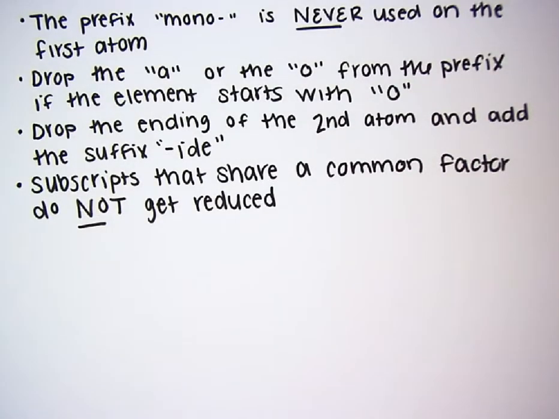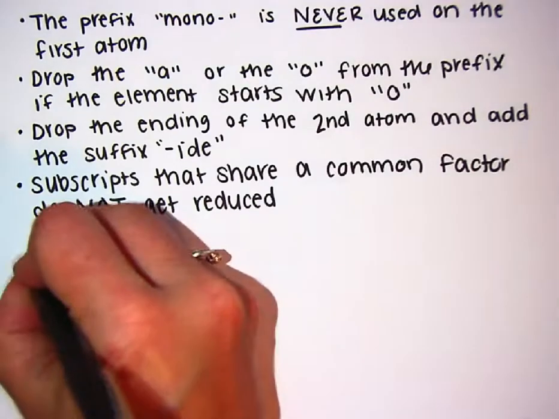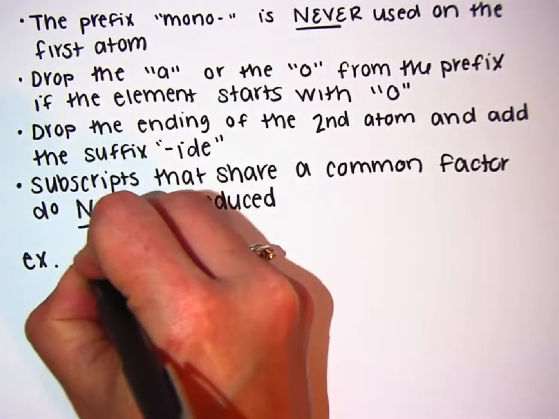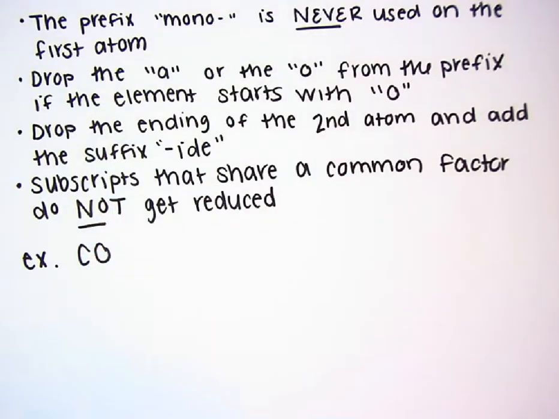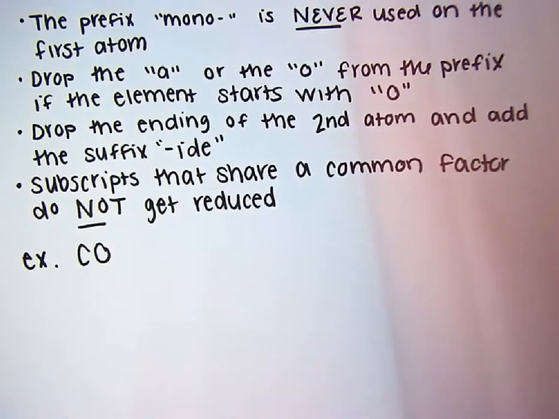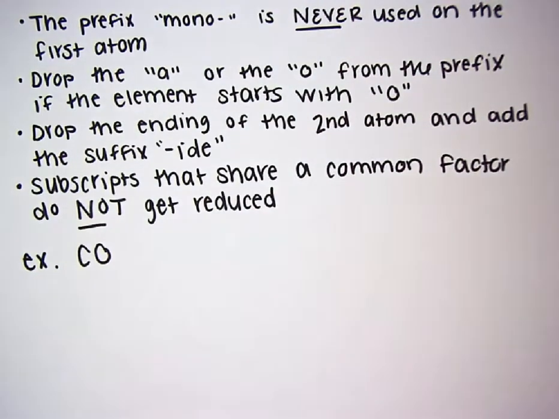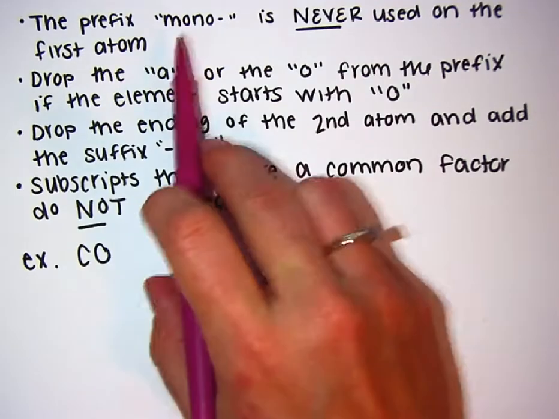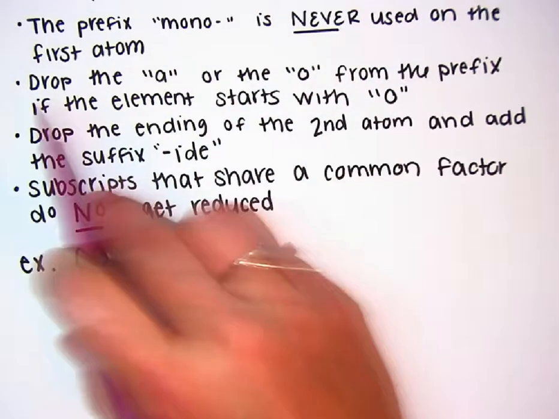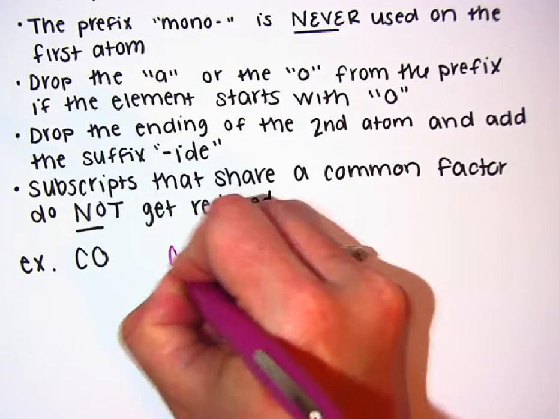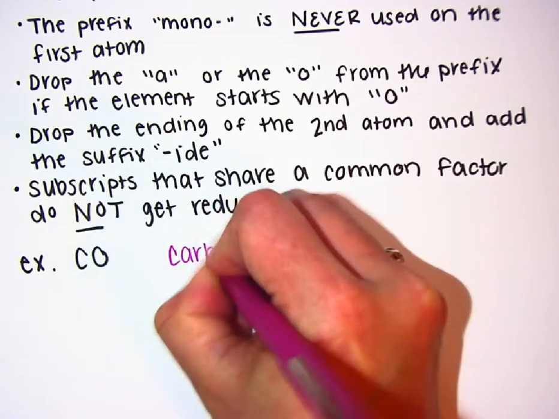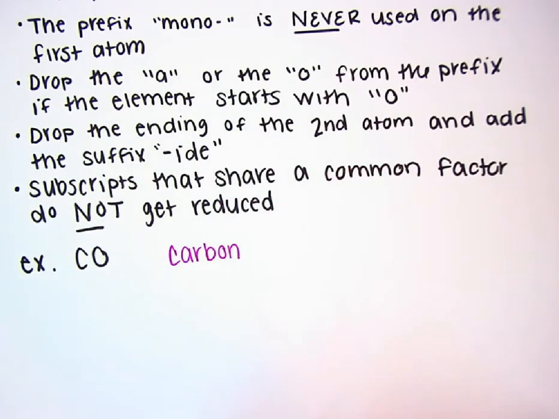So let's look at a few examples. First one, let's say I had CO. I only have one carbon. The prefix for one is mono. But remember, we do not use mono on the first atom. So I would just write carbon. We do use mono on the second atom.